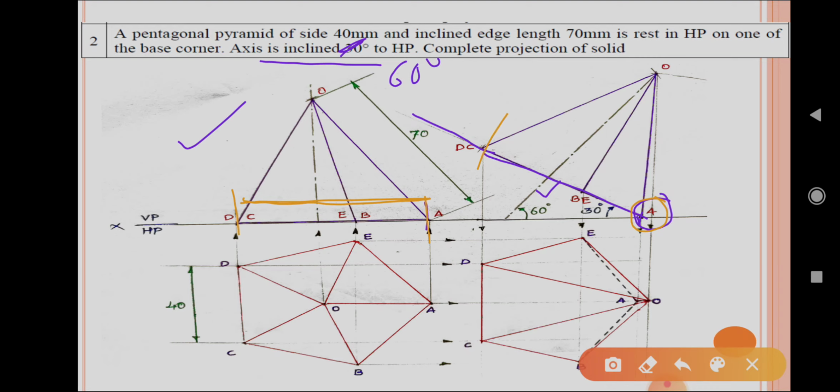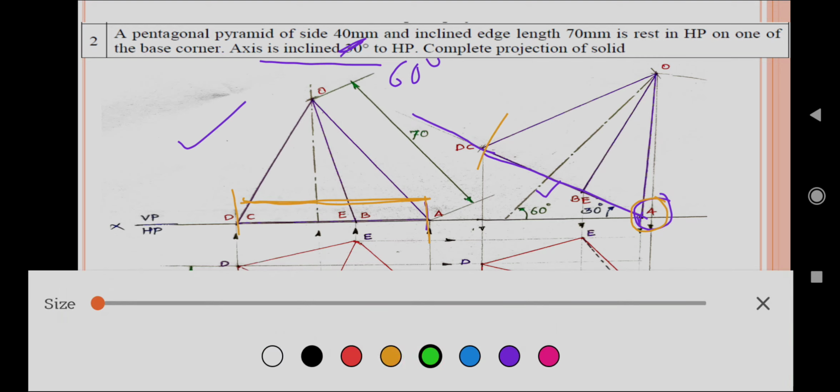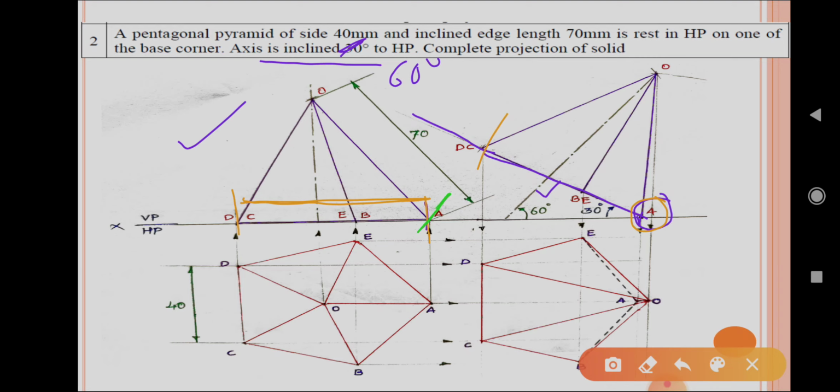Then take the distance A to O, place the compass on A and mark the point O, then take the distance from DC to O, mark DC to O and connect the points.